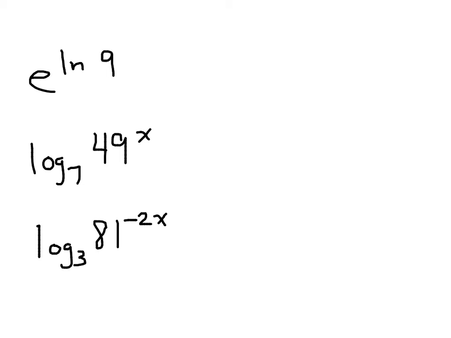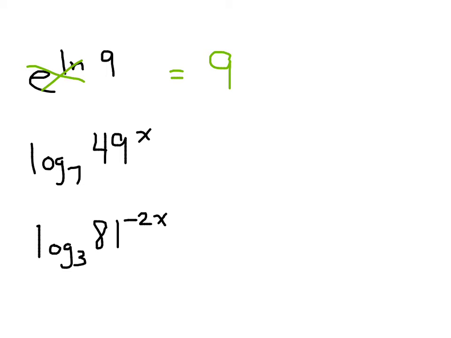On number 7, when you have e and ln right next to each other, they cancel each other out. So these two parts right here cancel each other out, and you're left with whatever number was in that spot. So what's my answer? 9. And you're done.